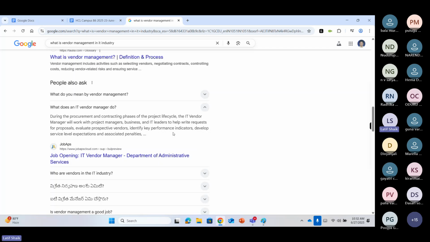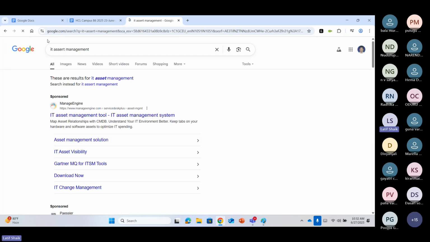First we'll check in IT asset management. What is this asset management?